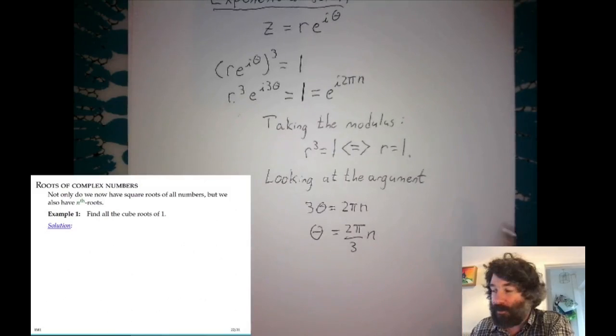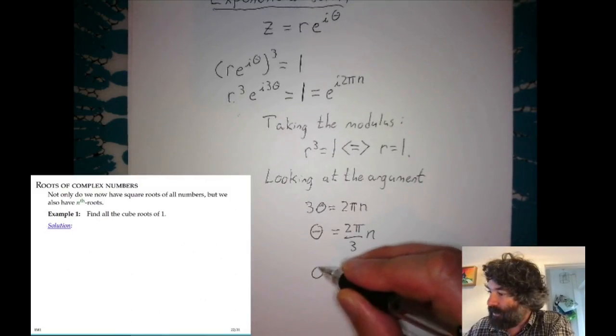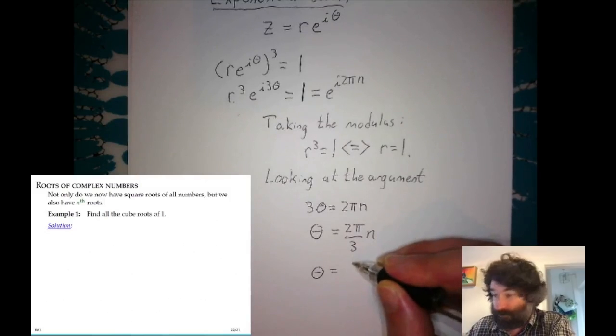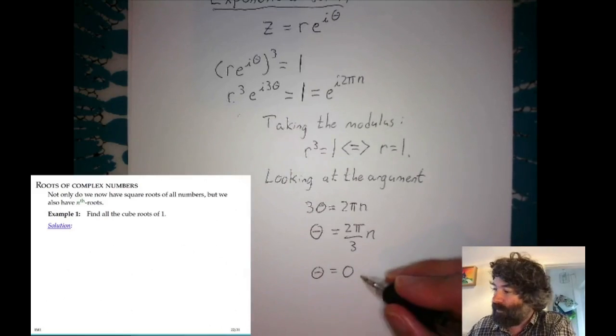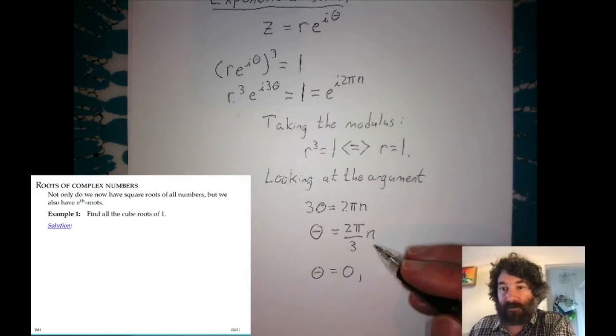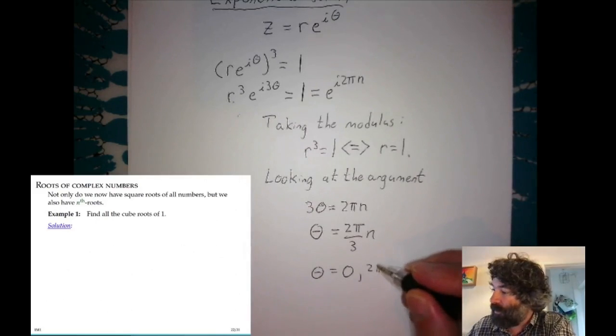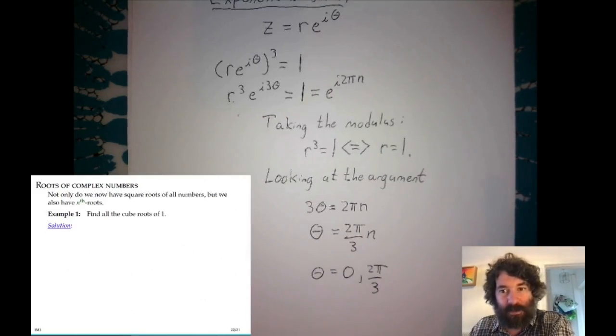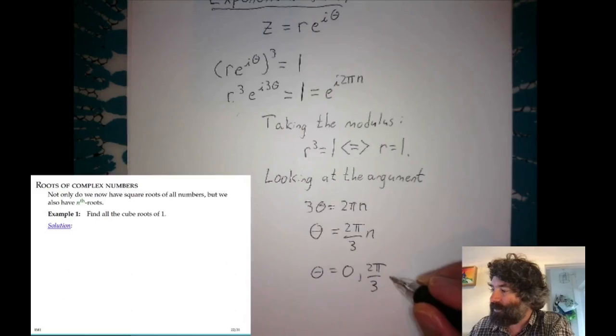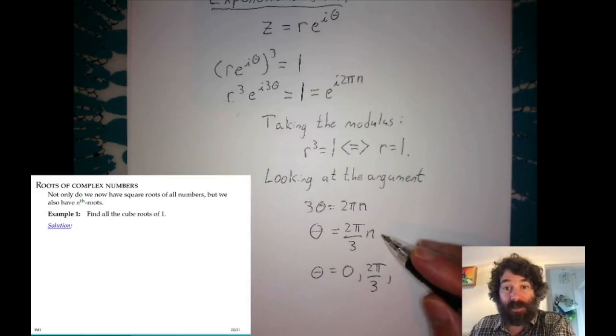And so, for example, if we take n equals 0, we get theta equals 0. We already know that that is one possibility. e to the 0 equals 1. We could take n equal 1. We would then get 2 pi over 3. And if we want to ensure that theta is between negative pi and pi, so it gives the argument of the complex number, we could take n equal negative 1.